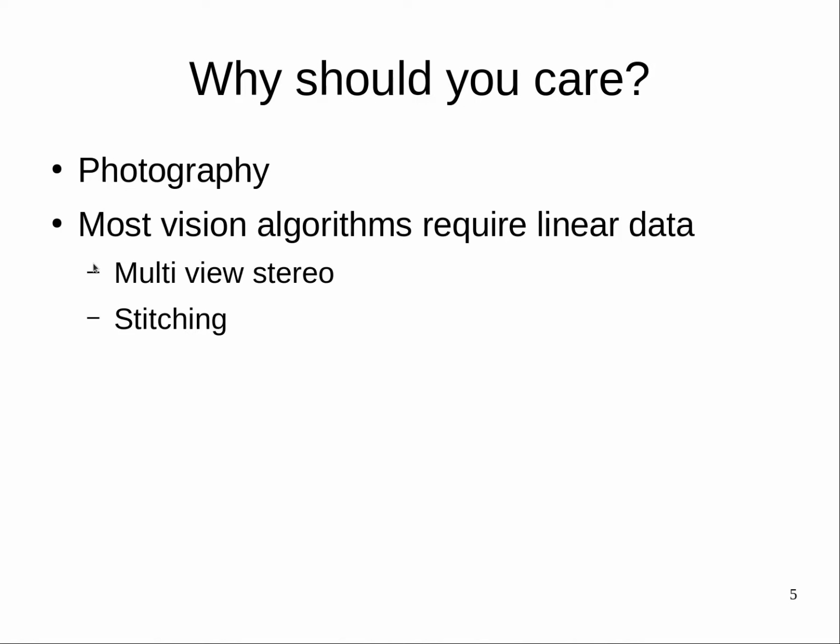This requires a linear coordinate system, and therefore we have to remove any non-linearities. Similarly, stitching, where you have again multiple images, but you want to combine them to a single panoramic view. And for this, you also want to remove the non-linearities.